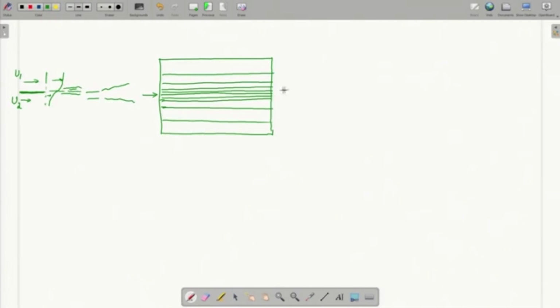Now, these kind of problems would have to be handled with grid clustering near the central line of the domain.